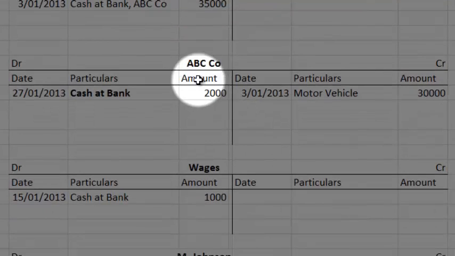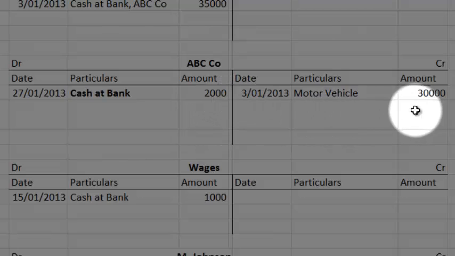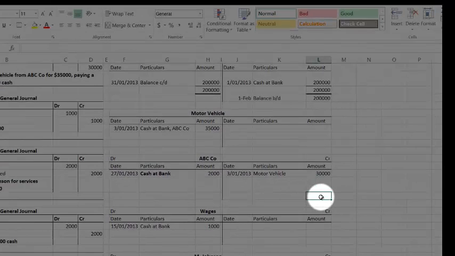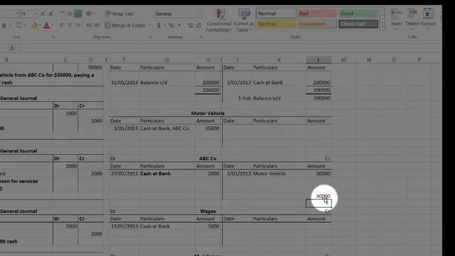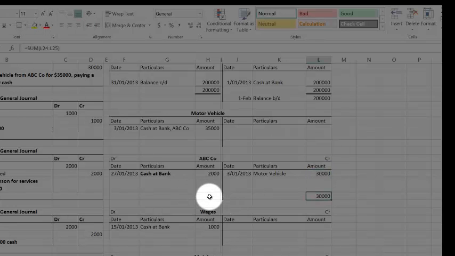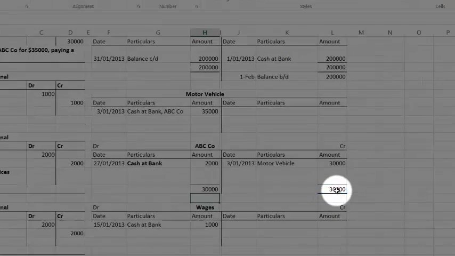I'm going to use the ABC Co account to show how that works. So you can see that the biggest total here is $30,000. I'm going to put that in there. $30,000. Make it nice and pretty again. I'm going to make both sides equal to that. So that's the first step.